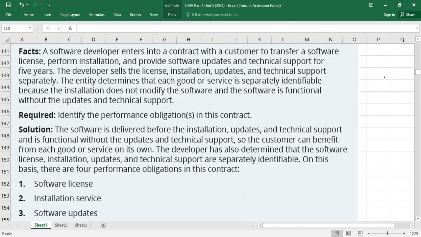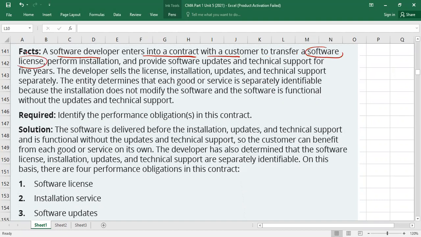I'm reading a question with you, and I hope you will listen to me. A software developer enters into a contract with a customer to transfer what? Number one, a software license.